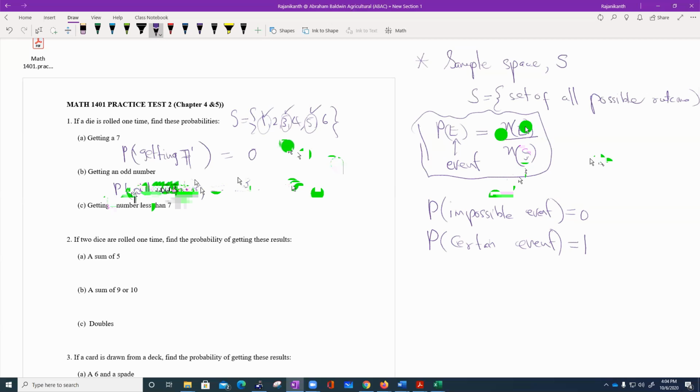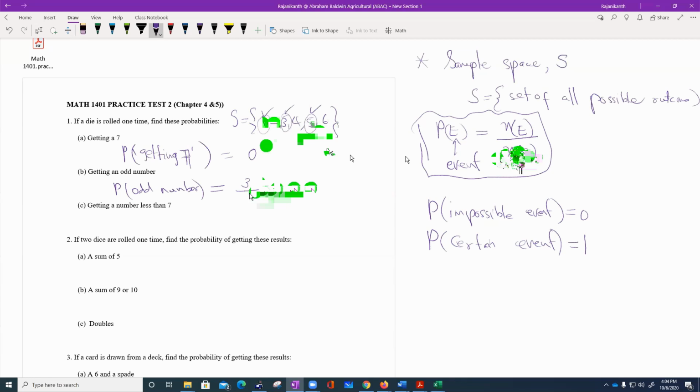Getting an odd number is my event now. That is 3 possibilities out of 6, right? Because your sample space has 6 possibilities. So always you have to put that down. So the answer is 3 over 6. So when you write down the probability answers, make sure that you are writing the simplified version. So this is half, or you could write just 0.5, right?